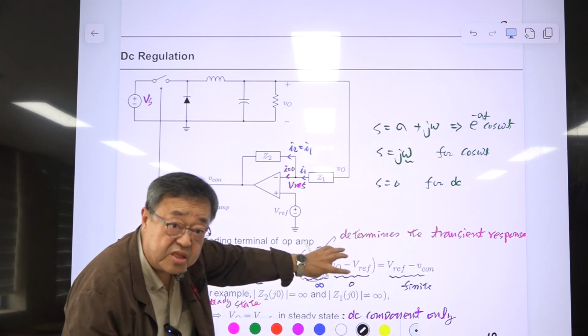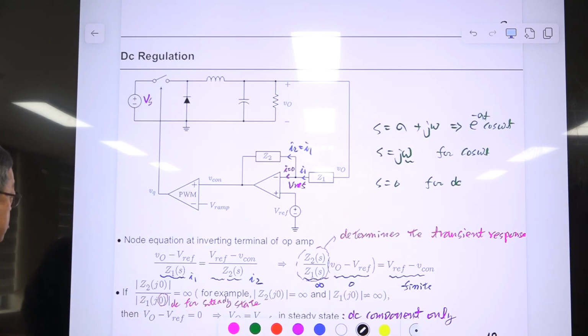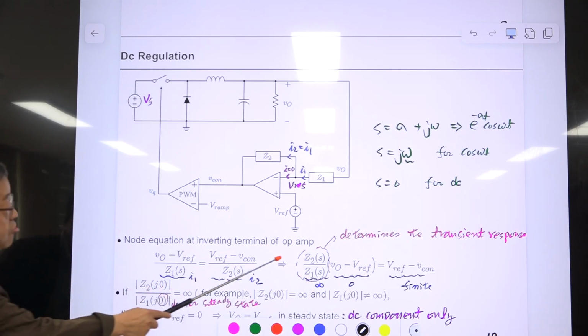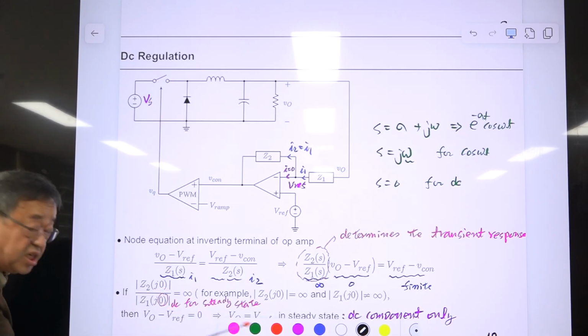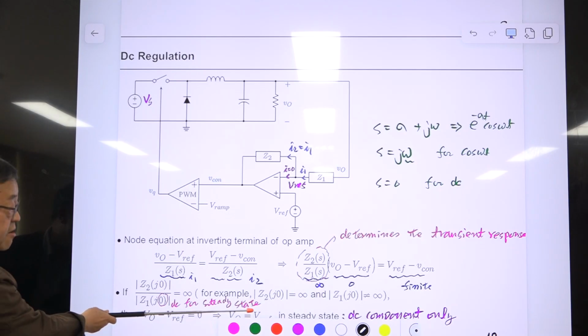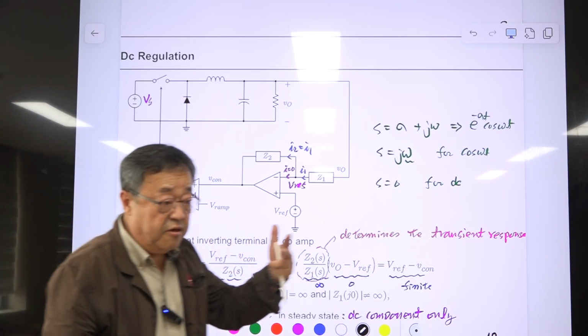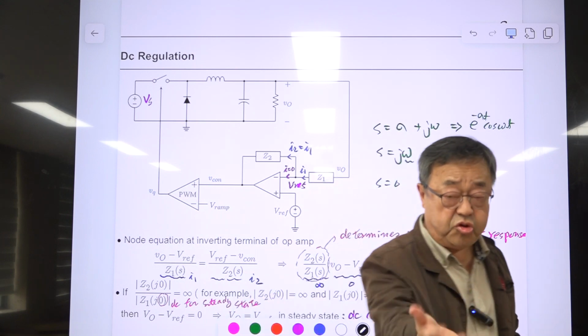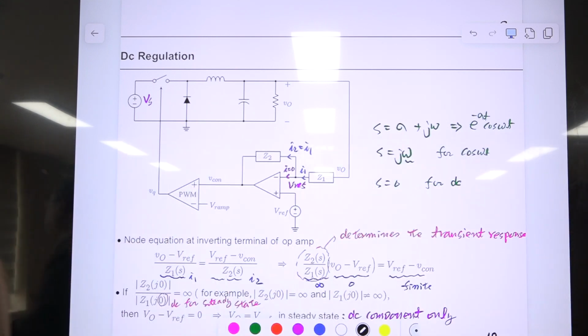That means one particular condition is this one: when the magnitude of this is evaluated at j omega with omega equal to 0, this is the DC. DC means steady state.